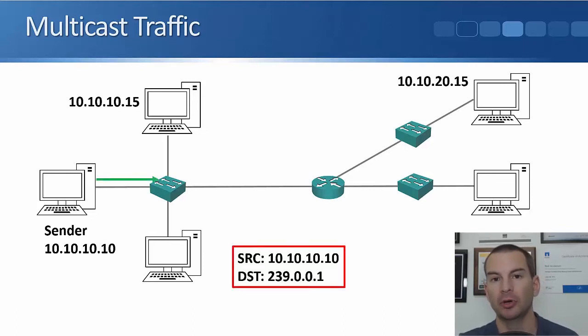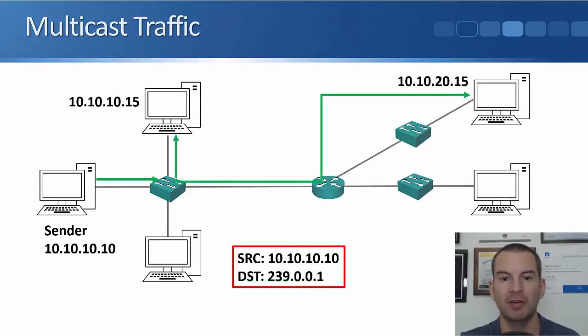And in our example, we're going to send it to a destination multicast address of 239.0.0.1. It still comes from the same source address of 10.10.10.10, and the destinations still have their normal unicast addresses there as well, but we send it to this special multicast address. That will then go to all of the hosts that were interested in getting that traffic.